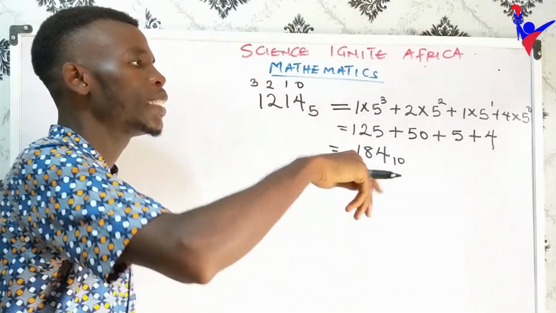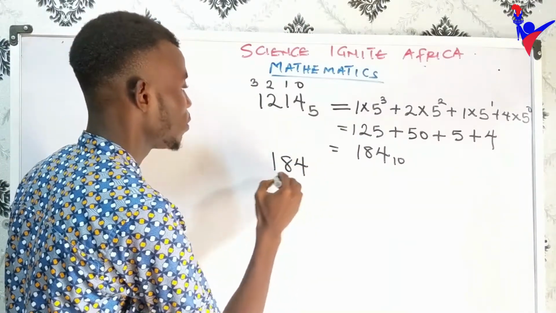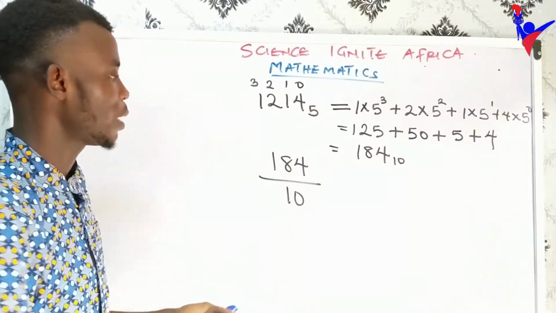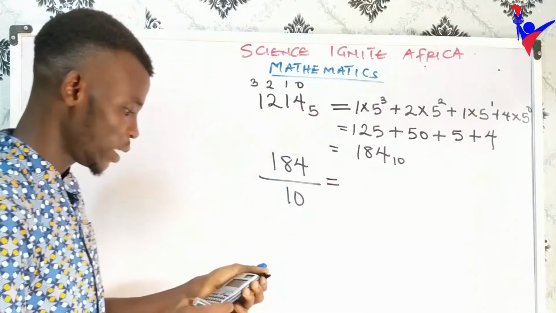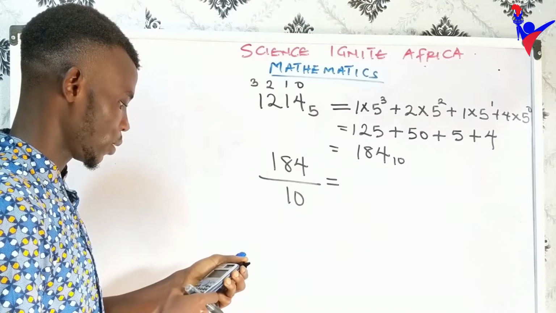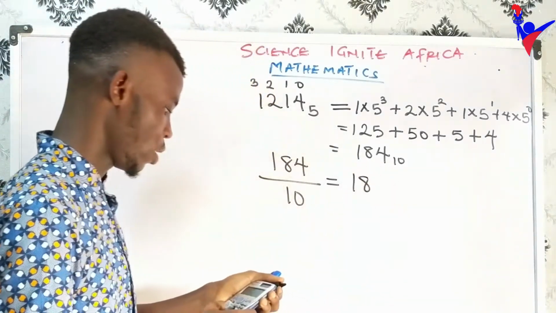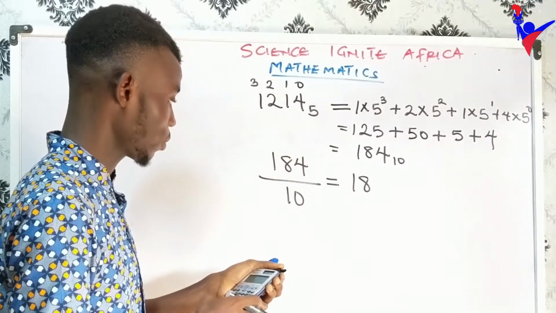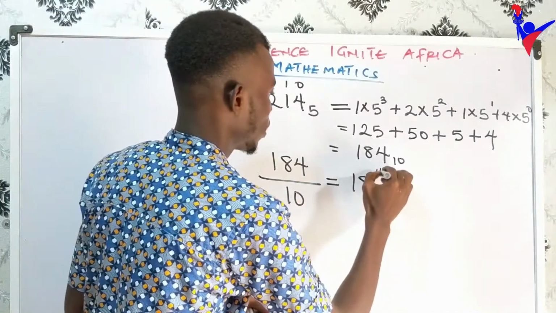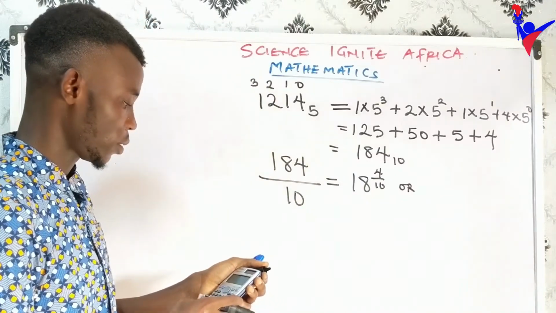They said the sum of 4 numbers, so the average will be 184 divided by 4.